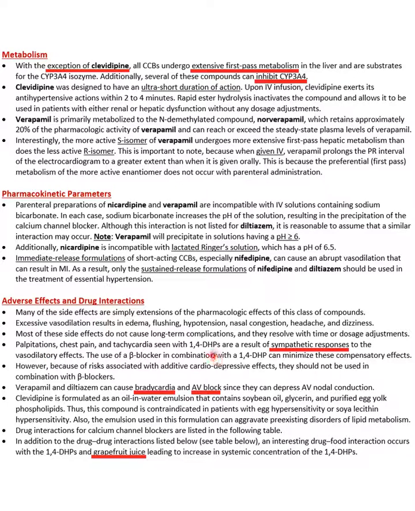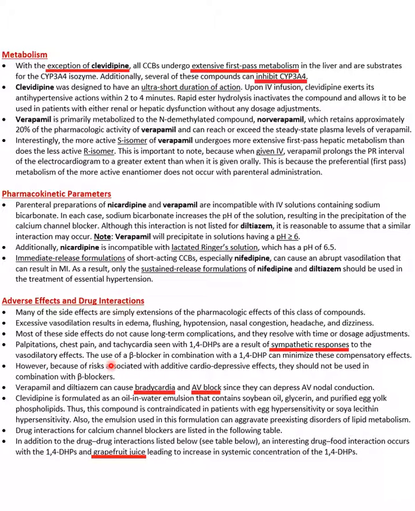Among the other side effects, especially with the dihydropyridines, are the ones resulting from the reflex tachycardia, resulting from the sympathetic response to the vasodilation. So when you have a vasodilation, as we explained in the first slide or two, palpitations and tachycardia will occur as a reflex to the vasodilation, and this will cause the side effects of chest pain, tachycardia, and palpitations, which are not seen with verapamil and diltiazem because they block the SA and AV nodes.